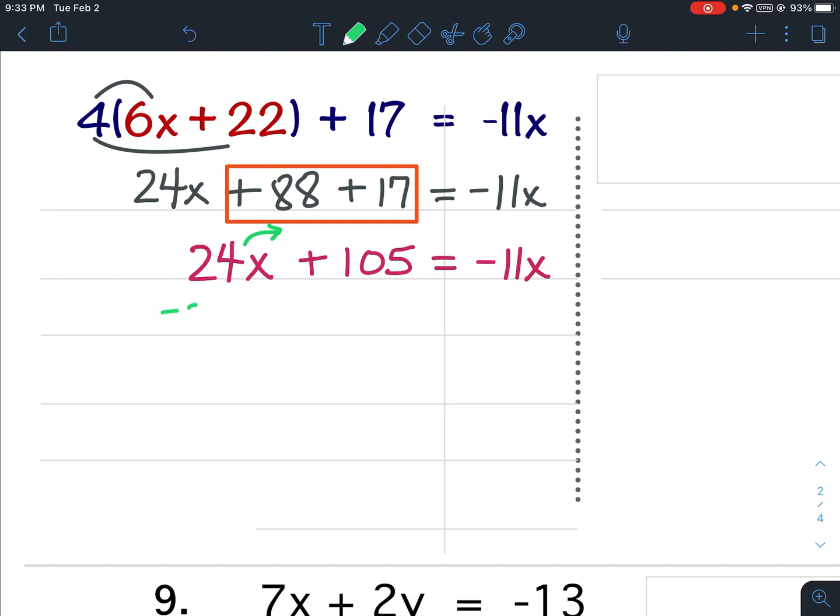Since it's positive 24, I'm going to subtract 24x from both sides. Your x terms on the left will cancel. I have 105 equals negative 35x. That would be negative 11 minus 24.